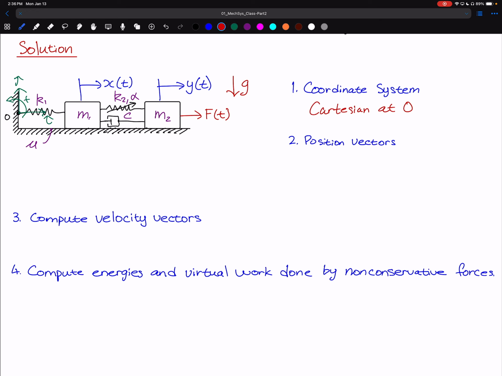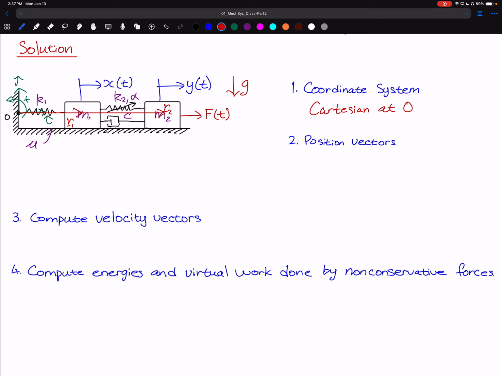We're then going to define position vectors. We're going to start by drawing a position vector to each mass from the origin. We'll have an R1 here, an R2. So R1 is the position vector for the first mass, R2 is the position vector for the second mass.